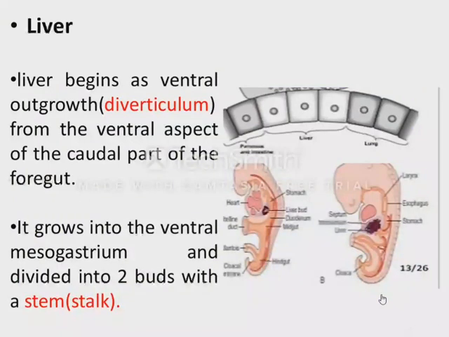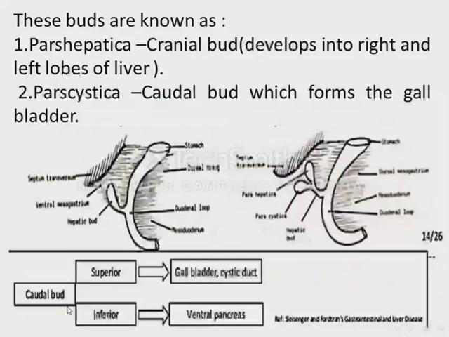The liver begins as a ventral outgrowth or diverticulum from the ventral aspect of the caudal part of the foregut. It grows inside the ventral mesogastrium and divides into two buds with a stem or stalk.